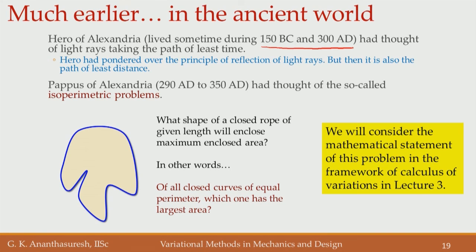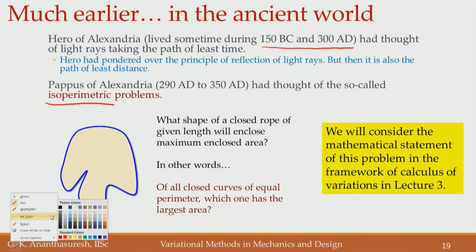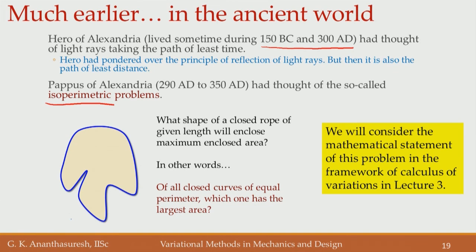But other people thought about calculus of variations type of problems, one of them is called the isoperimetric problem. Okay. Let us say that you are given a piece of string, and I need to arrange that into a closed loop such as the one that is shown here.